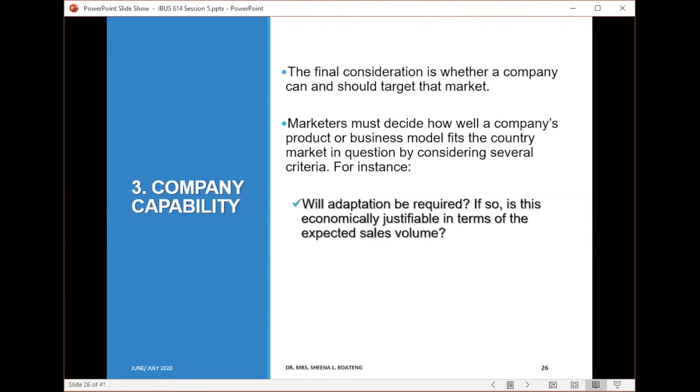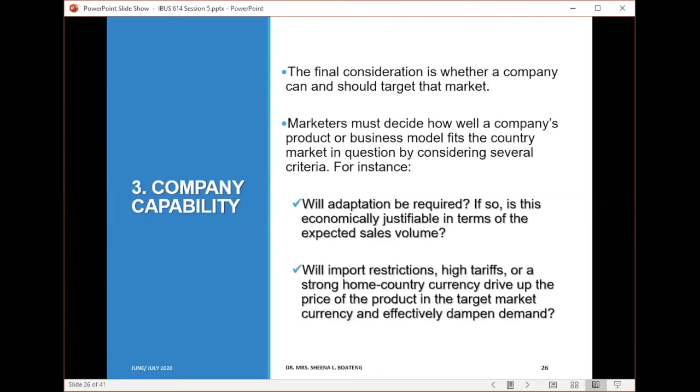Depending on whether you are looking to break even in the first few months and then make profits after, or you're expecting to make losses in the beginning, then break even, then make profit, all these things have to be considered when it comes to looking at the company's capability to effectively target specific market segments.